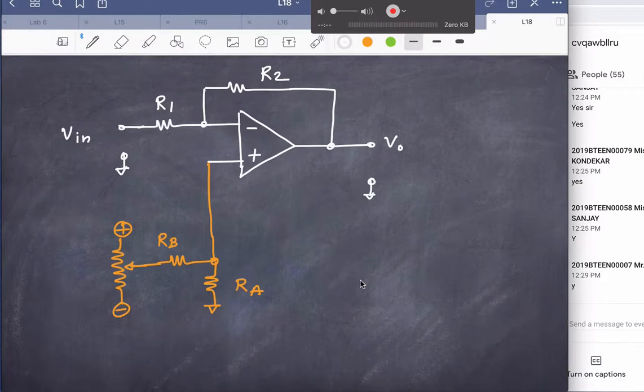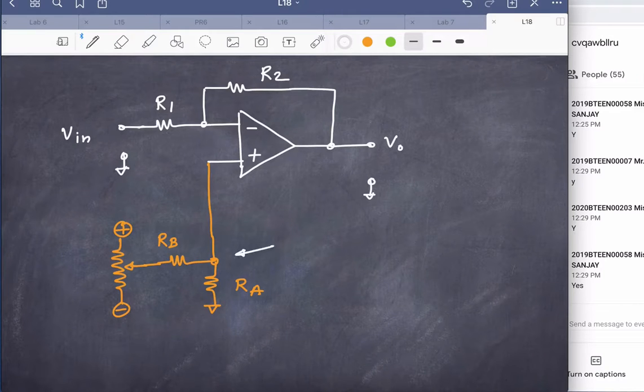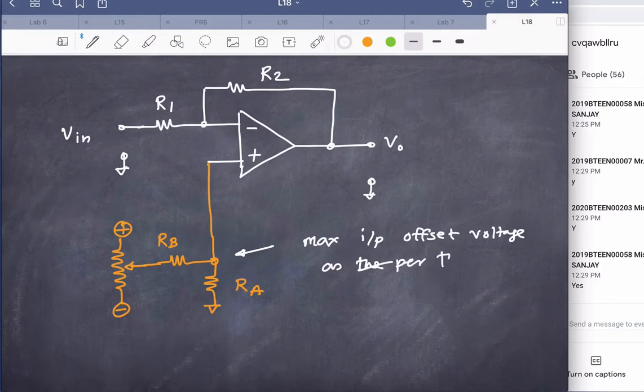Okay, fine. So here we have to produce the input offset voltage based on maximum input offset voltage as per the data sheet.